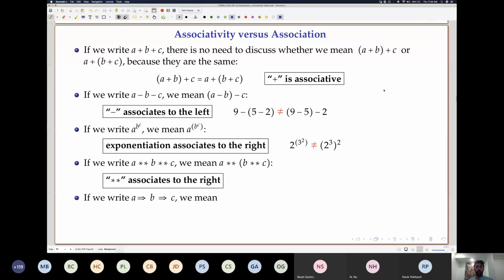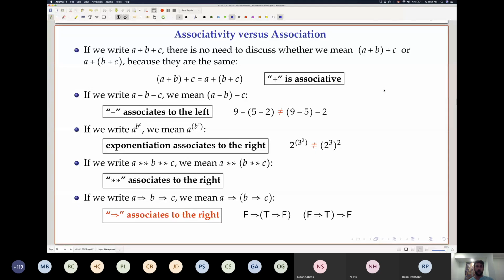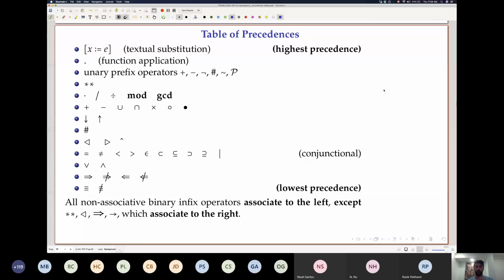All right. So when you're not sure about association, you can just write in the parentheses yourself. But at one point, it will become too daunting to have so many parentheses everywhere, and so you will slowly pick up the precedence rules. So don't worry too much about it if you're not comfortable right now. But it's important to remember.